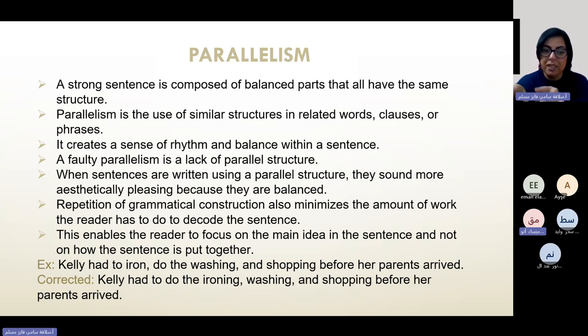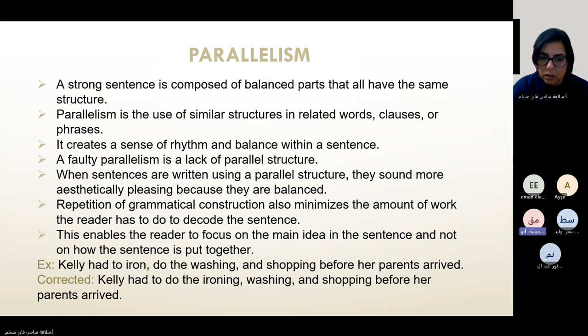Is there something wrong or not? What do you think? She gave do and shopping, not. She gave do, she gave infinitive. To iron, to do the washing, and shopping.